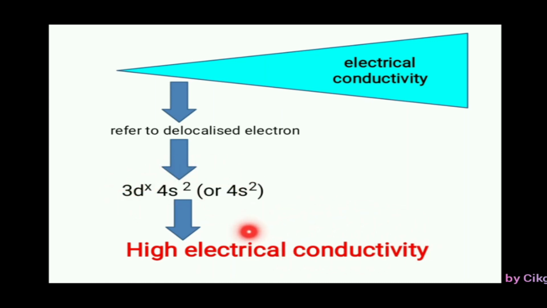For transition elements, electrical conductivity is higher compared to metals of group 1 and group 2. So we have covered the physical properties of transition elements.